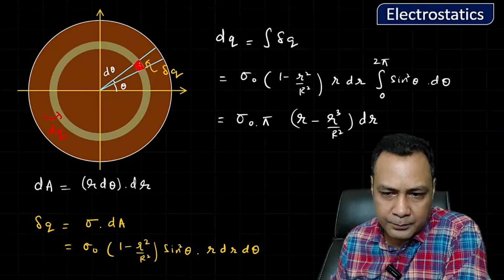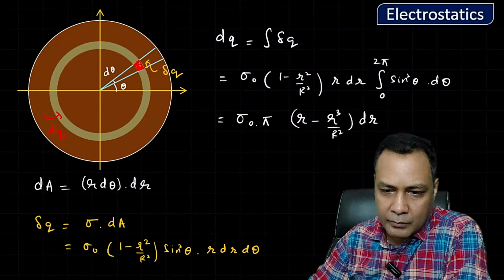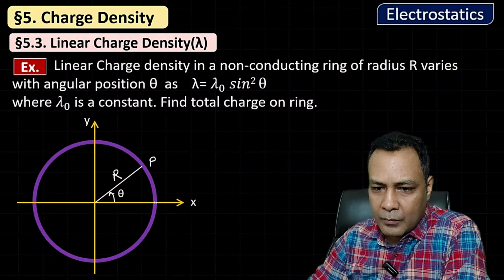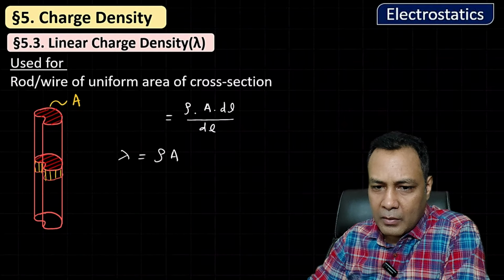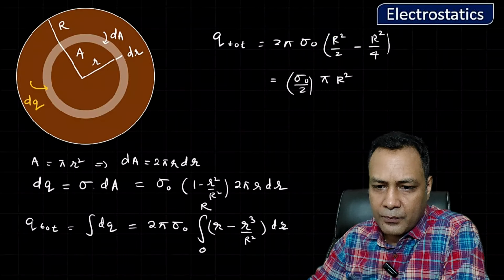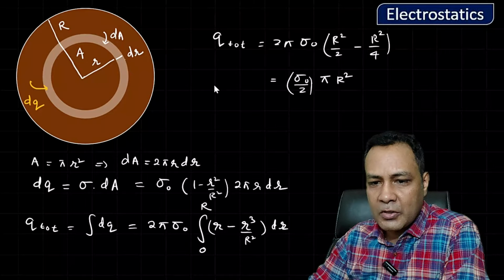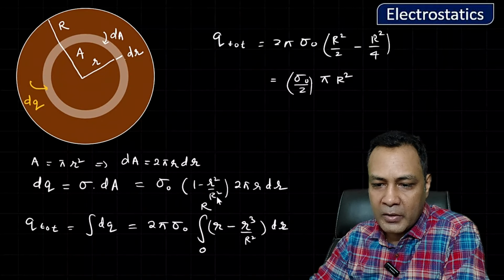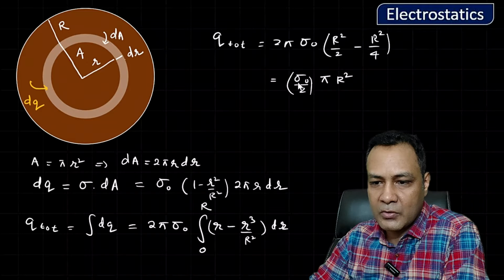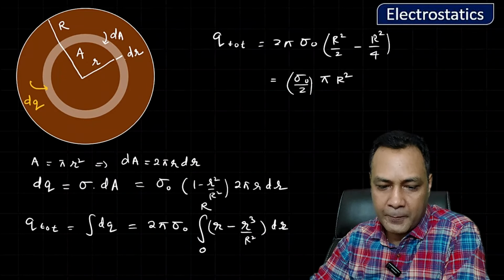See here, one minute. In this question, the sigma was sigma naught into 1 minus r square by capital R square. The total charge was just sigma naught by 2 pi R square.